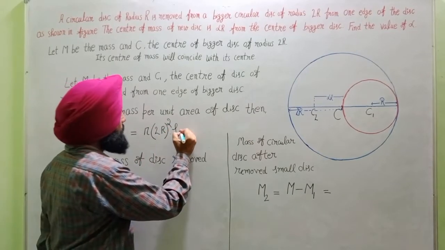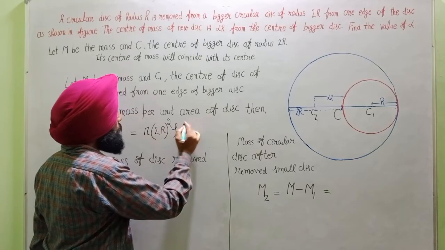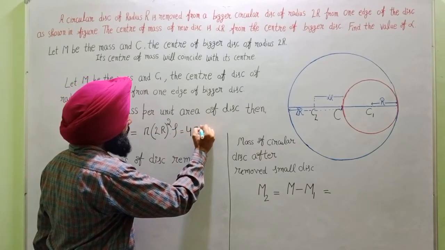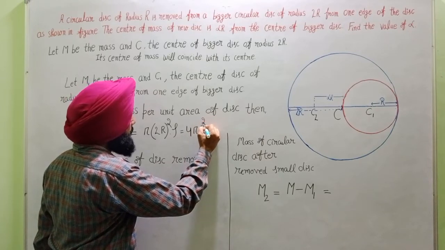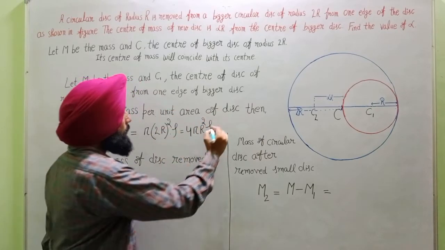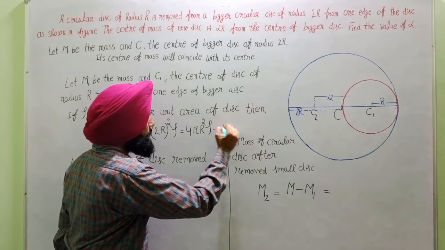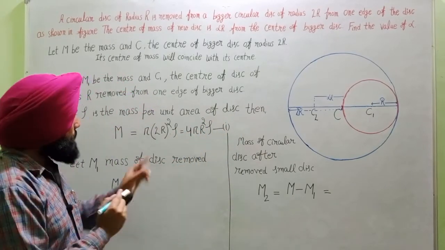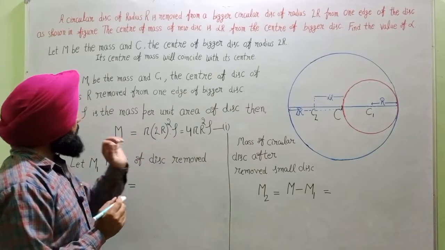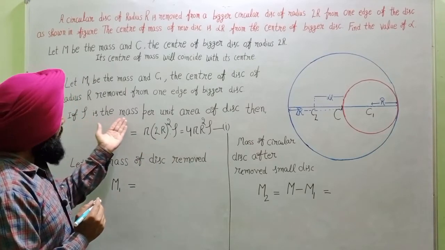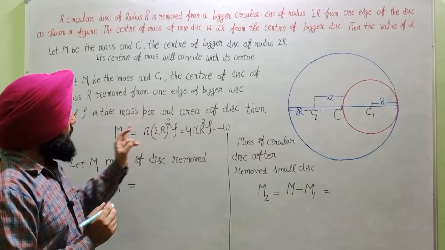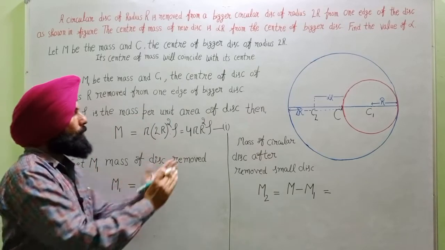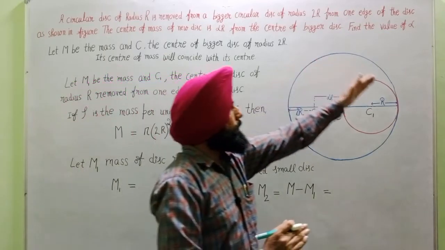Now what is the value of this? 4 pi R square into rho. Now we mention it as equation number 1. Surface area multiplied by mass per unit area, we have found the mass of the whole circular disk.